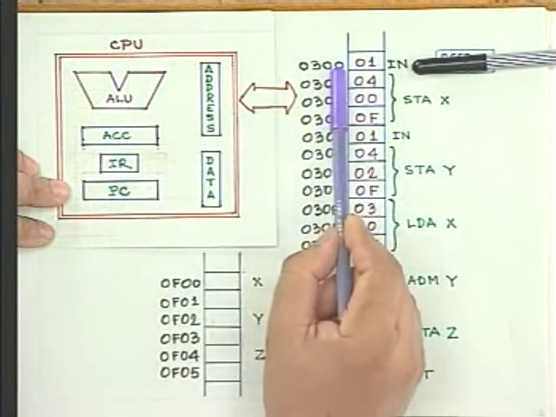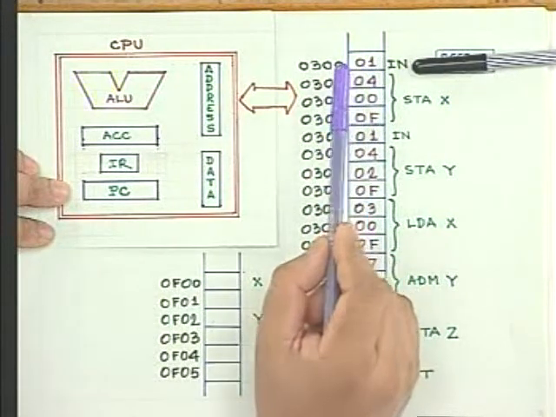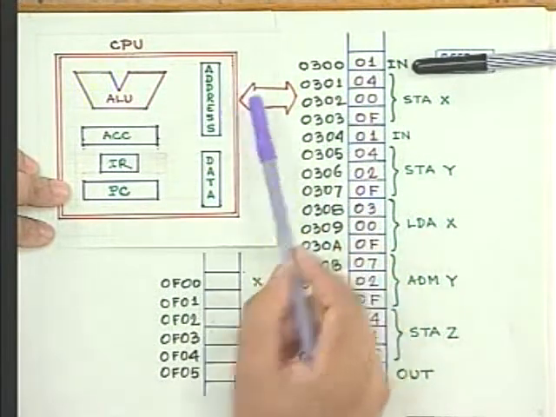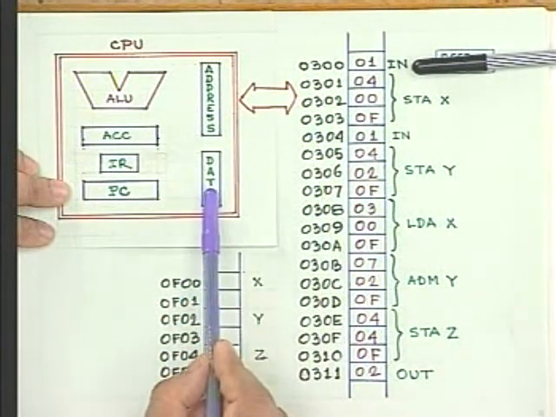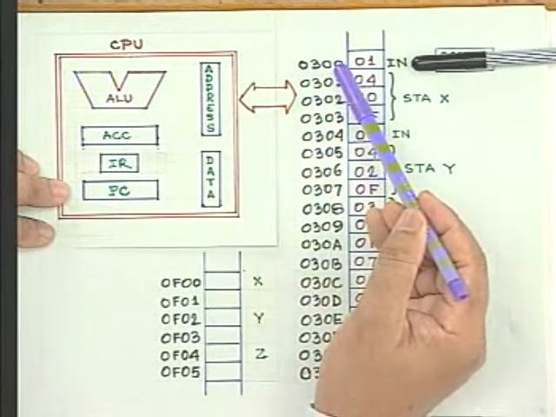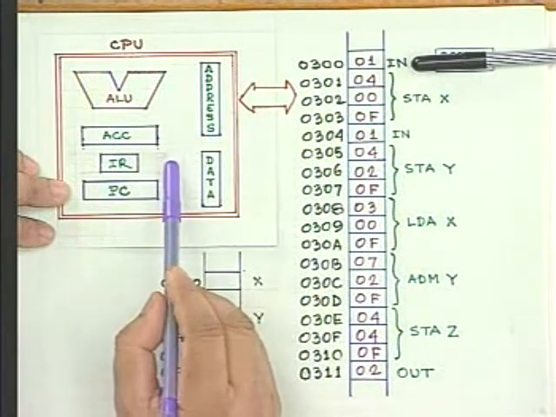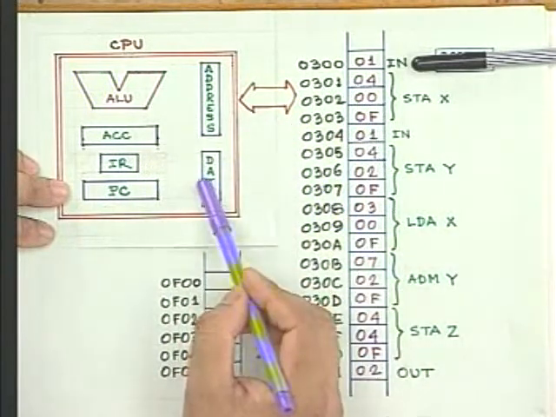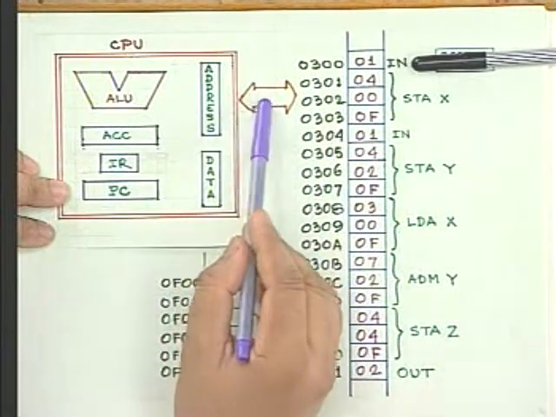The address of the memory location being accessed is kept in the address buffer, and any data or instruction that is passed from the memory, or any data that goes out to the memory, will go through the data register, and these two are connected by means of this bus.